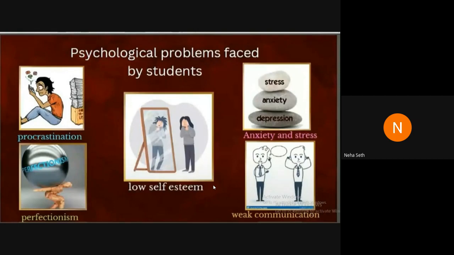At times there is social anxiety also, when people cut themselves off from society because they are not perfect. If they don't have perfect clothes, they don't come to class. If they have not done the assignment in the perfect manner that they want, they do not submit it, which may further lead to low satisfaction in their life as well.